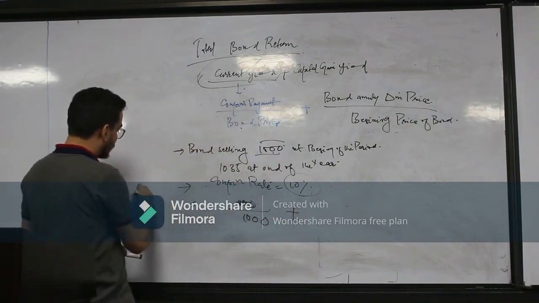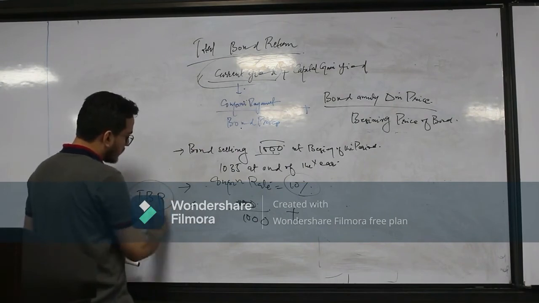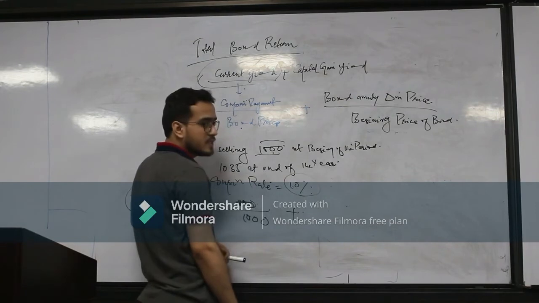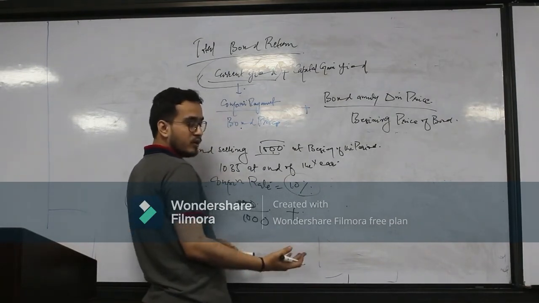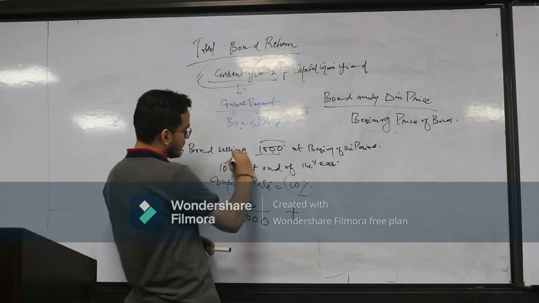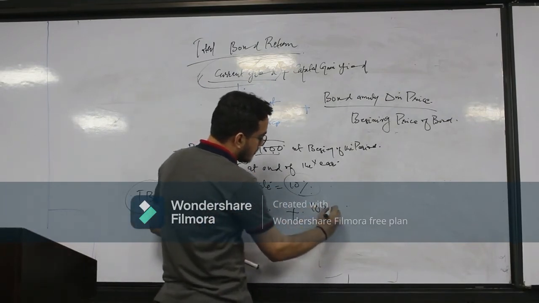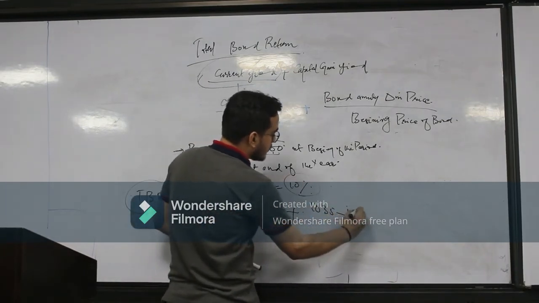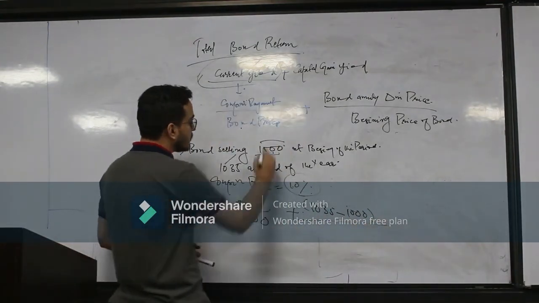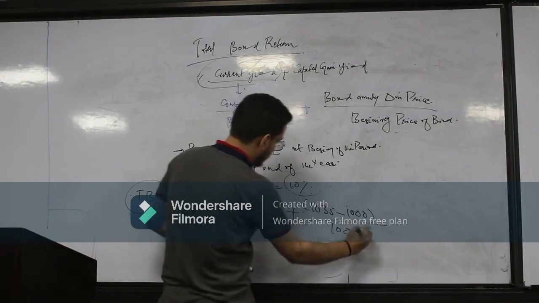Now if we are finding total bond return, we need the bond annual change in price. How can we find it? Current minus previous. So the current price is 1035 minus 1000, divided by the beginning price of the period, which is 1000.